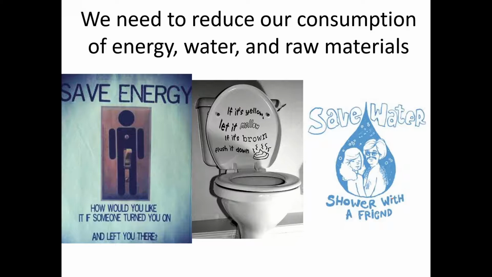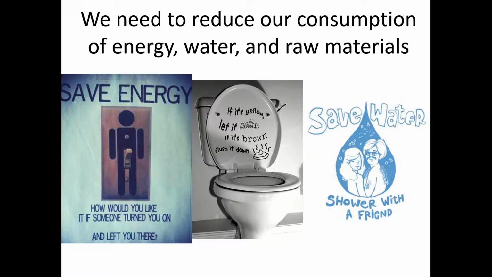In addition to reducing our consumption of these materials, we also want to use less energy and water as well. These are actually not serious suggestions here: save water, shower with a friend, and the whole energy thing there, and flushing the toilet.